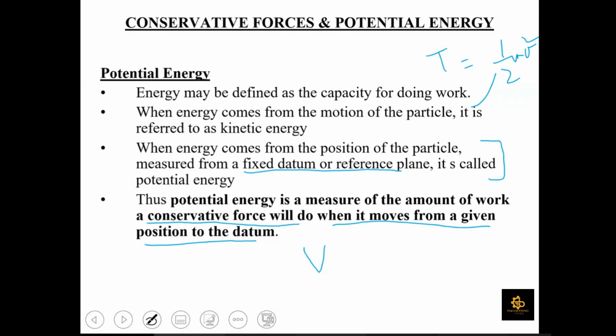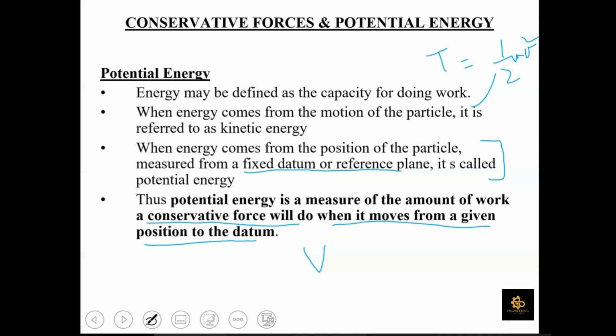So V is going to be used for representing the potential energy in a similar fashion जिस तरह हमने कैपिटल T को यूज किया था for representing the kinetic energy. So potential energy is the measure of the amount of work which a conservative force will do when it moves that particle from a given position to the datum.